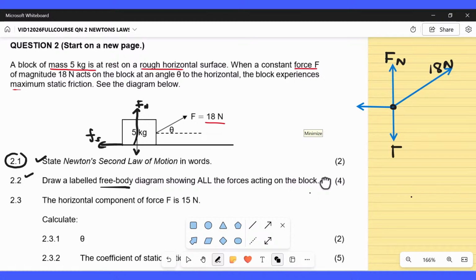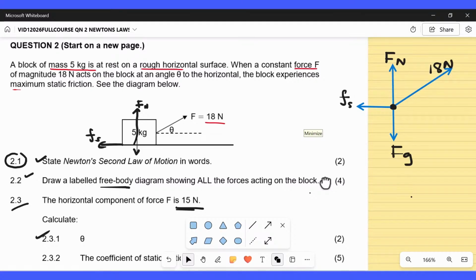Next question says what? They say that the horizontal component of the force is 15 newtons. Calculate theta. Now this force, the 18 newtons, has got components. One component is horizontal and the other is what? The other is vertical.